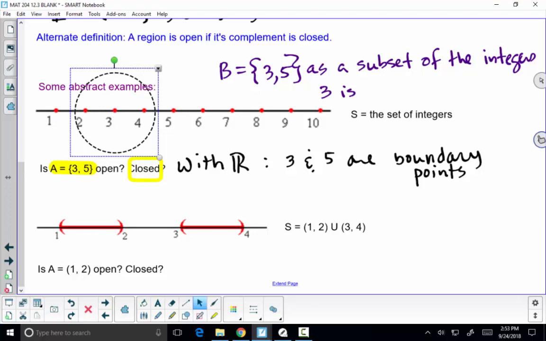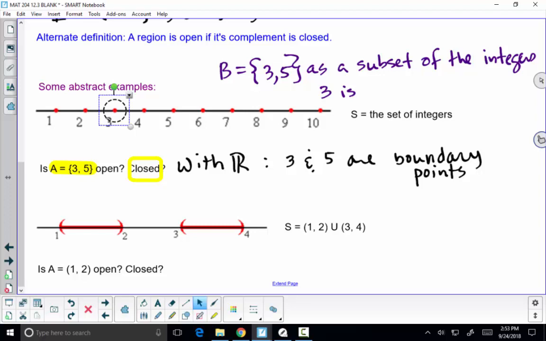So this set contains 3, 2, and 4. 2 and 4 are not in the subset, so that doesn't tell us much yet. And we start zooming in on the 3. Can we create a neighborhood that only contains points in the subset? No. Yes! Yes. Good.